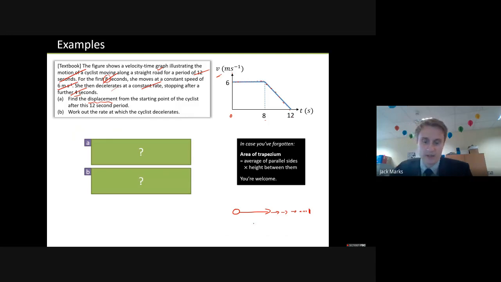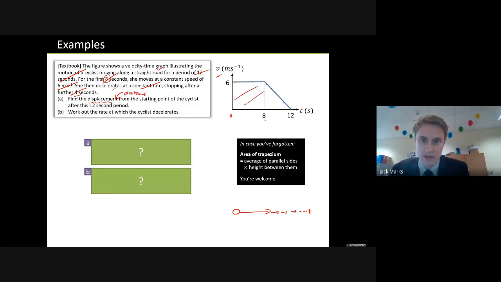I want you to think about in this situation, is displacement any different from distance, or are they the same thing? Well, because it only travels in one direction and it doesn't go back and forth, they're the same thing. So this will be the same as finding distance for this question.